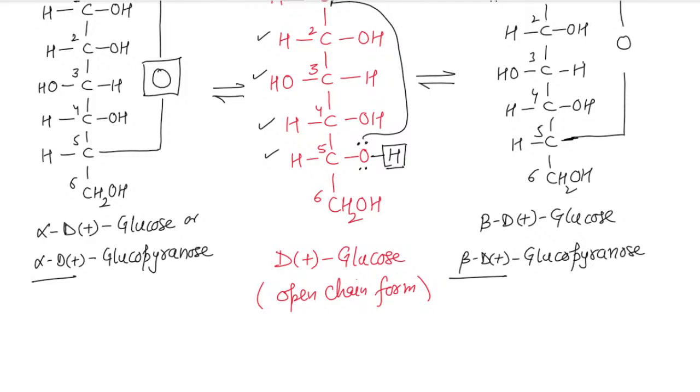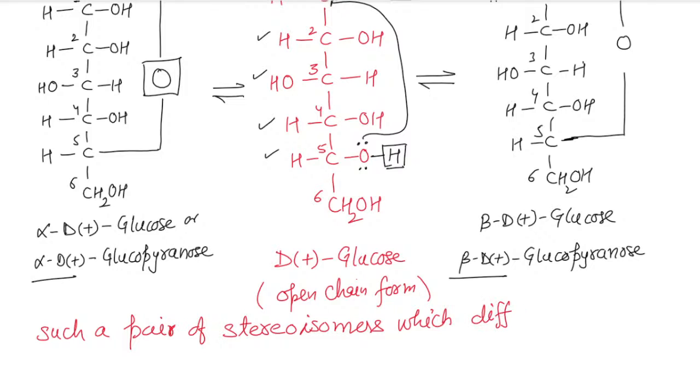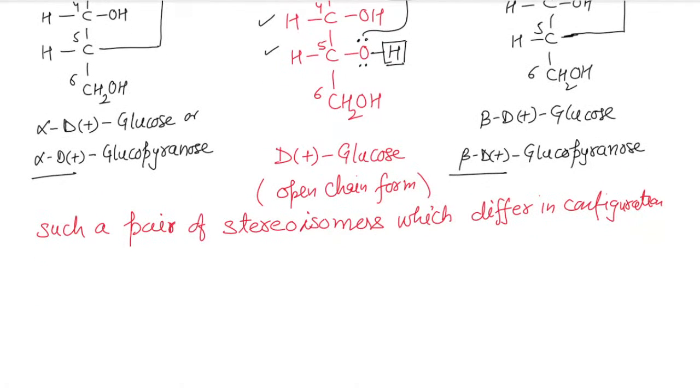So such a pair of stereoisomers which differ in configuration at C1 are called anomers.